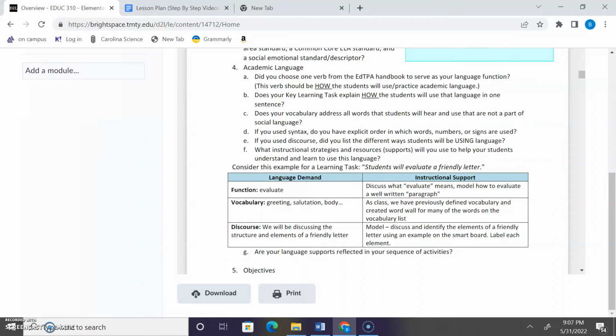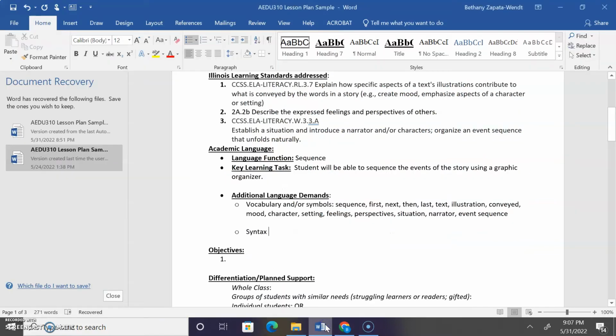So we will be using a graphic organizer, or students will use a graphic organizer to identify events that happen first, to identify the order of events in the story.